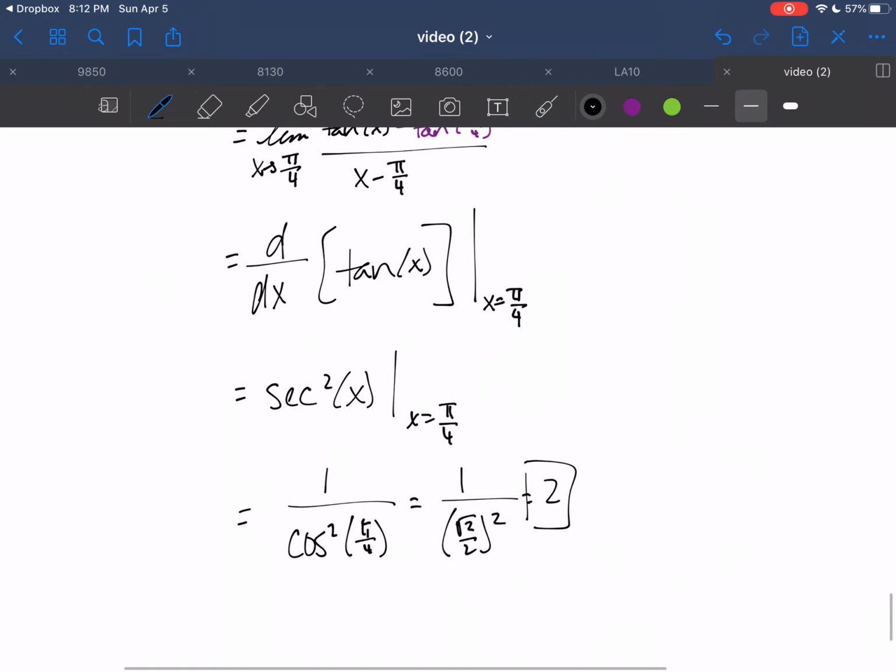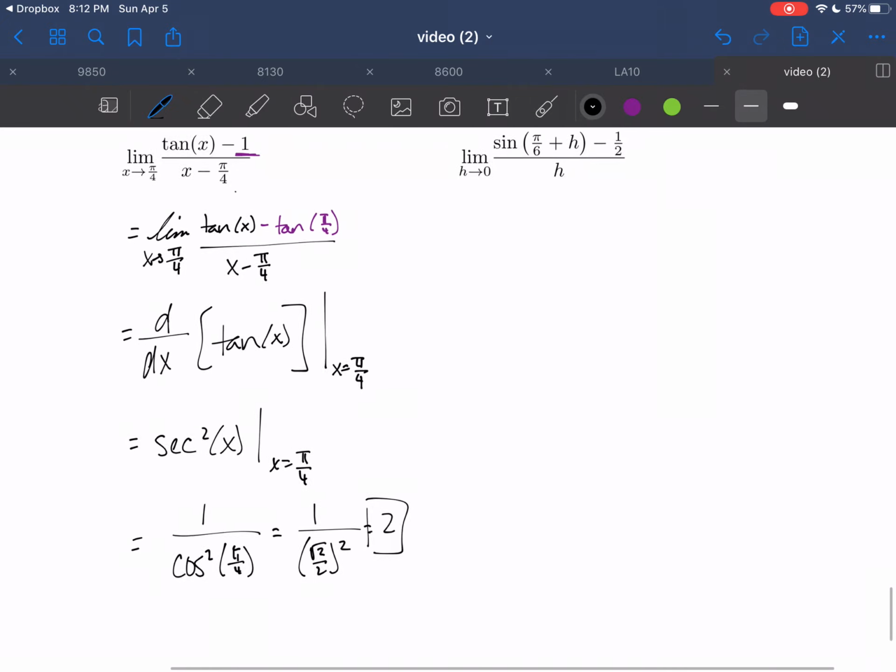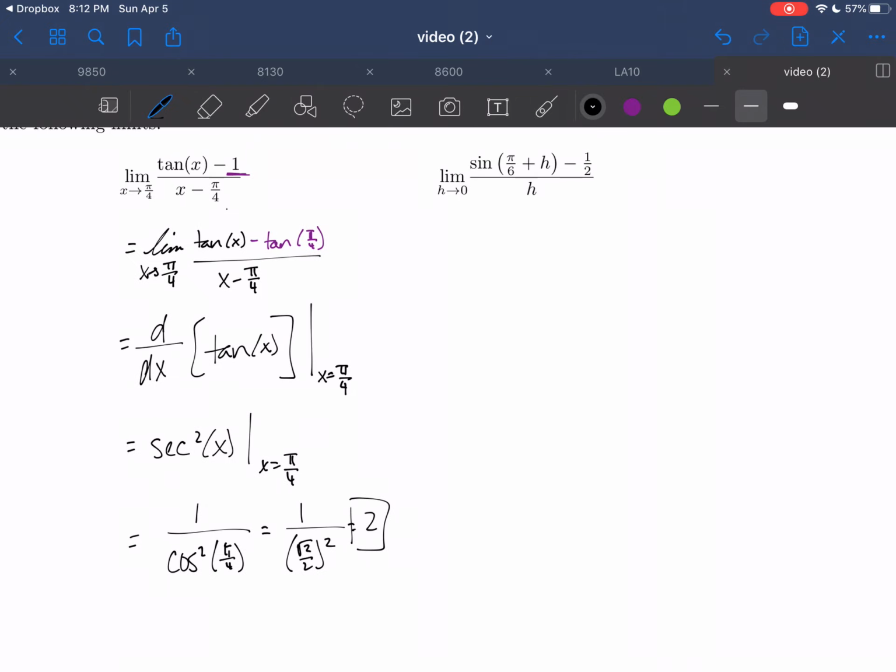Okay, so you can use the relationship between our limits and our derivatives, that limit definition of the derivative, and we can use that to evaluate limits using our derivatives.